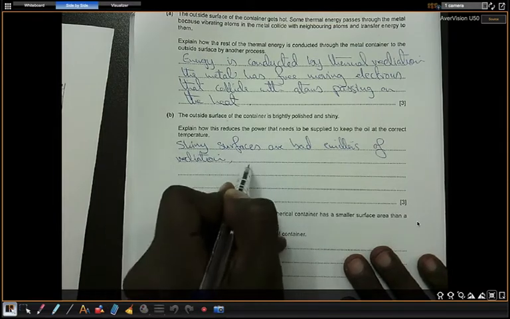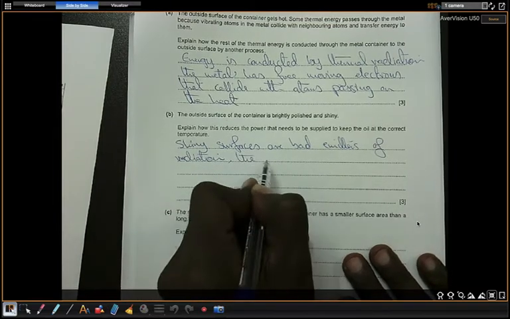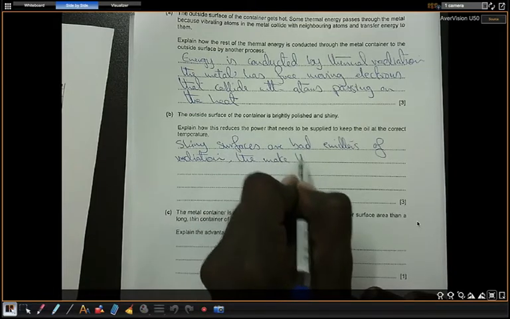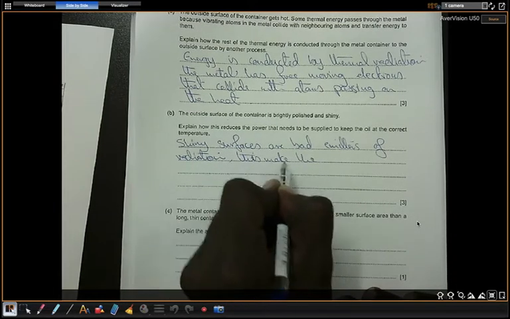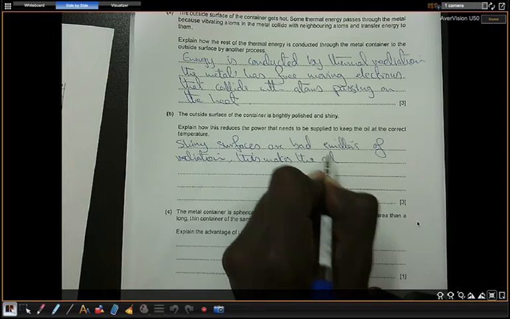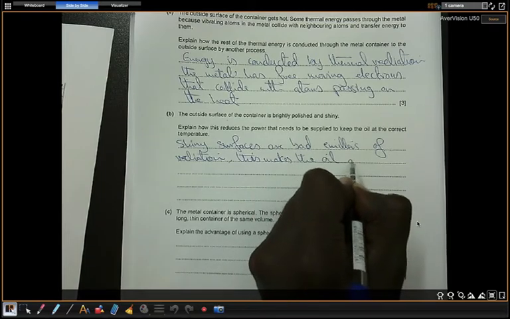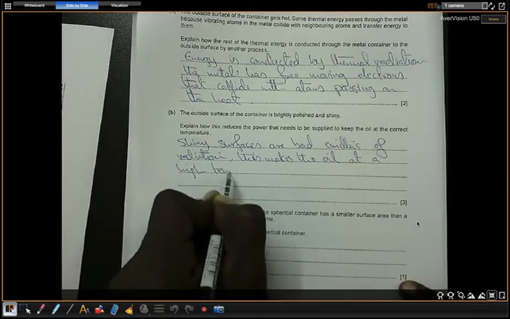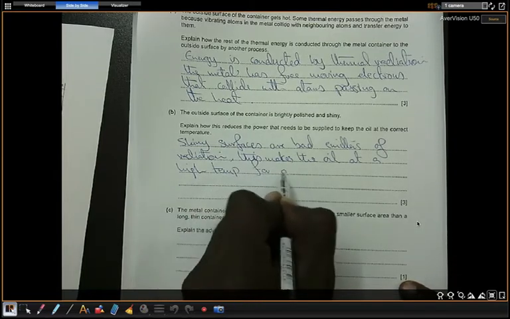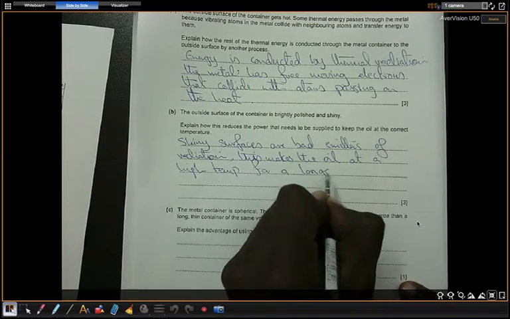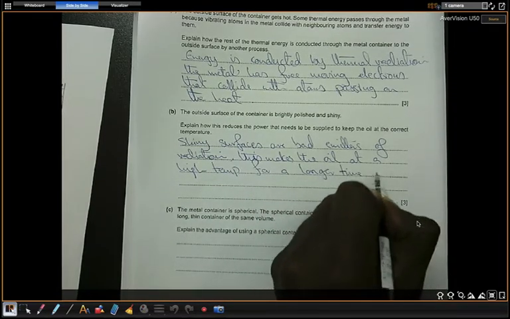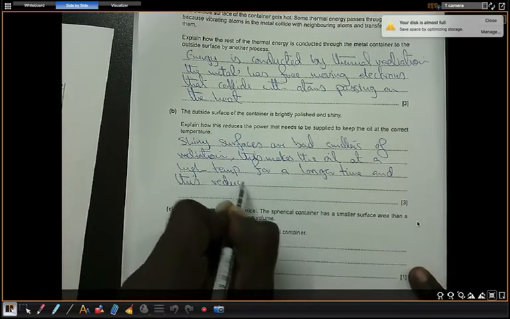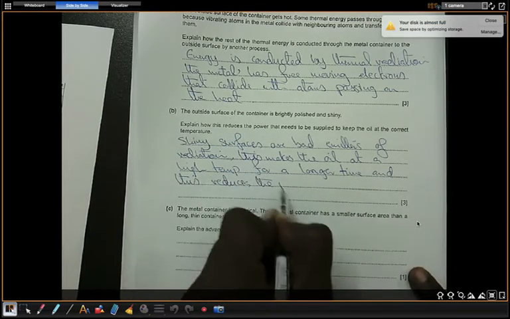The second mark is they make the oil, or this makes the oil, stay at a high temperature for a longer time, and this reduces the power.